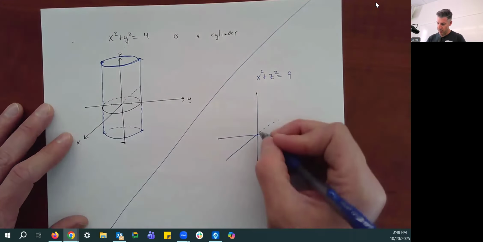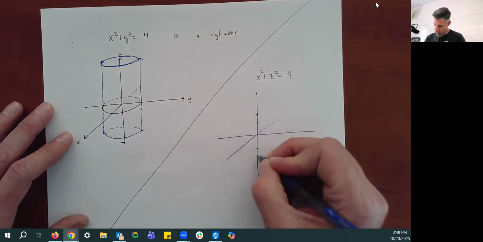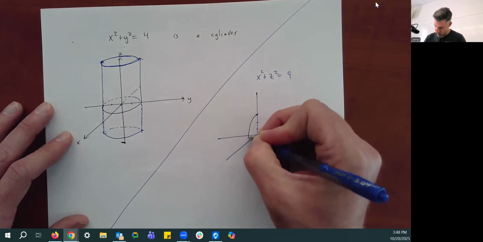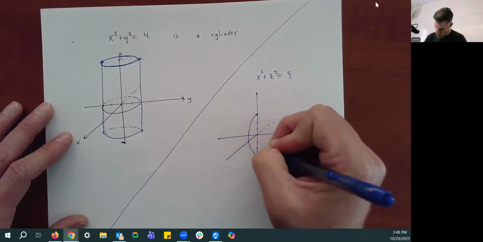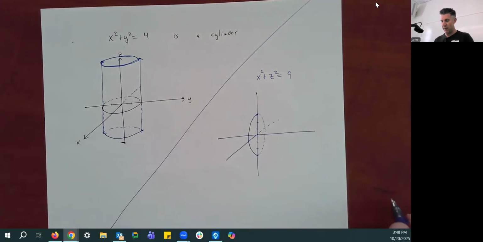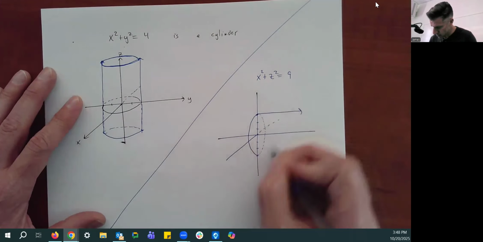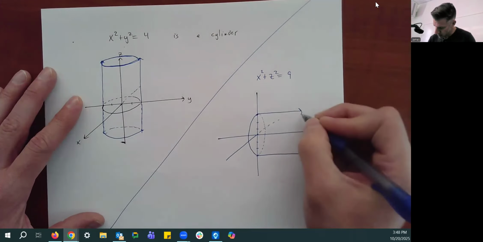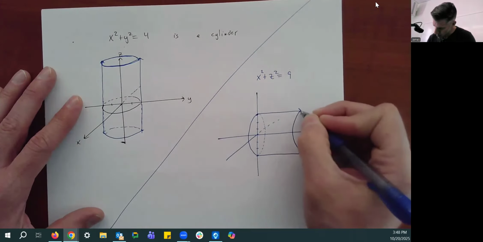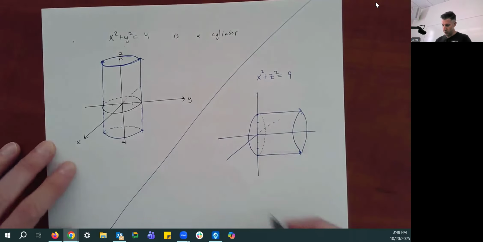So in the xz plane, I'm going to go up 3, go down 3. I'm going to try and draw it so it looks like it's supposed to. And then we're going to go to the right and to the left. And really, you can just go to the right. If I go to the right, that's the way my cylinder is going to look. So, cylinder of radius 3.